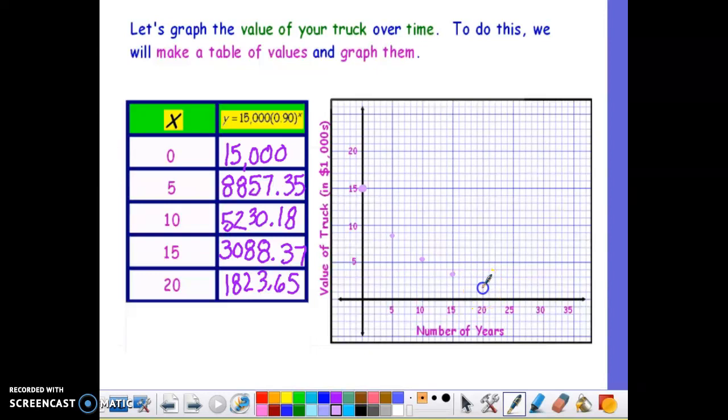So 1,000, close to 2. So here is what my nice graph is going to look like. Hopefully you should be thinking, that does look like decay. So that means we did it right, because the car is depreciating in value, it's losing value.